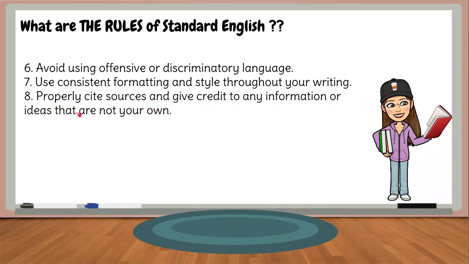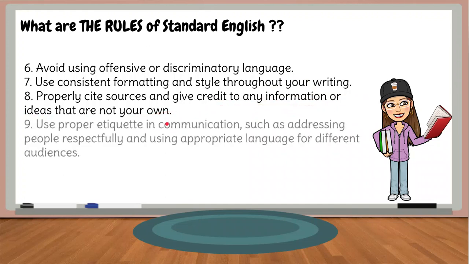Eighth, properly cite sources and give credit to any information or ideas that are not your own. For example, you can write down a credit with the name of anyone who has helped you with this information.